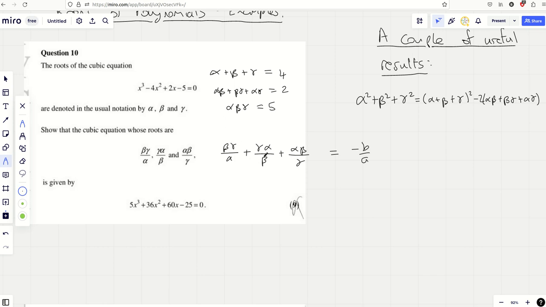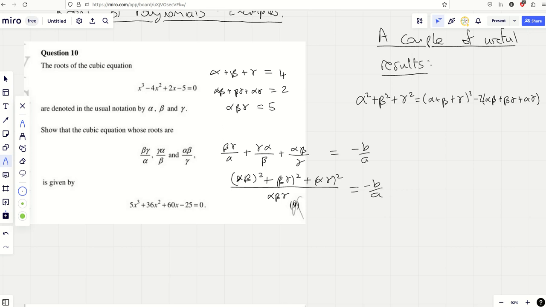This needs to be multiplied by alpha gamma, so that's going to become alpha gamma squared, and likewise here we need alpha beta, so that's going to become alpha beta squared. So you're going to end up with alpha beta squared plus beta gamma squared plus alpha gamma squared all over alpha beta gamma. That should equal your minus b over a.